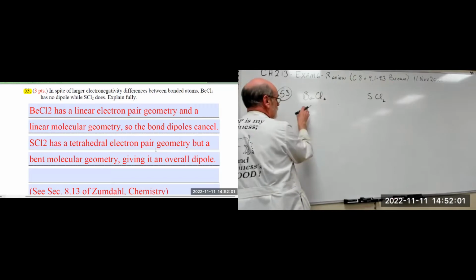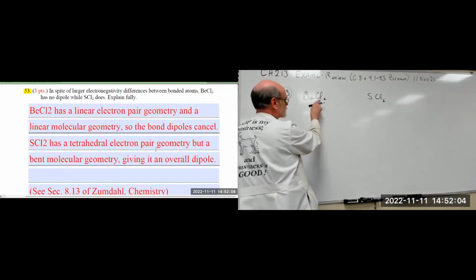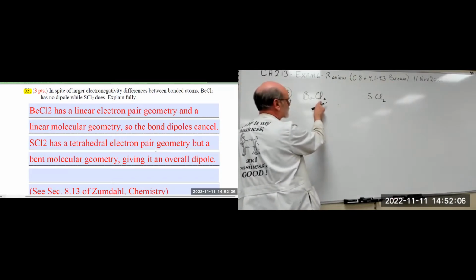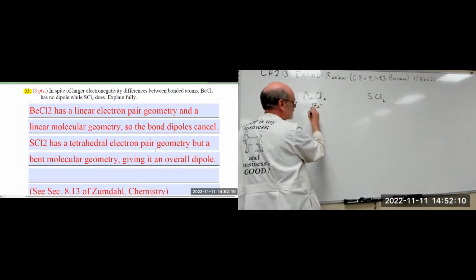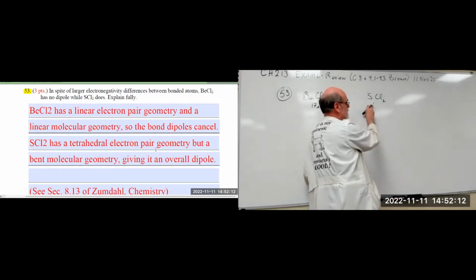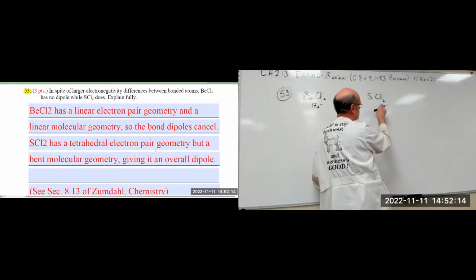All right, if we draw the Lewis dot structure, chlorines have 7 each, which is 14, and beryllium is 2, so that's 16 electrons. Sulfur has 6, plus 14 is 20.